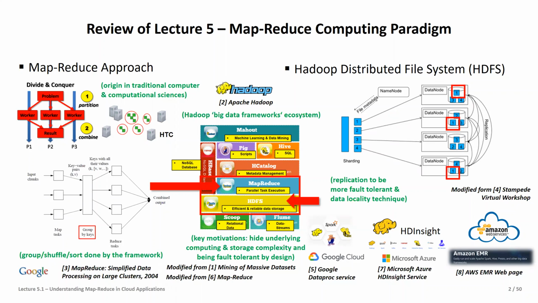What is new on top of this is the idea of having a framework which does one key aspect more that we have learned last time. And this is this interesting magic insight, which is called group shuffle sorting by the framework.